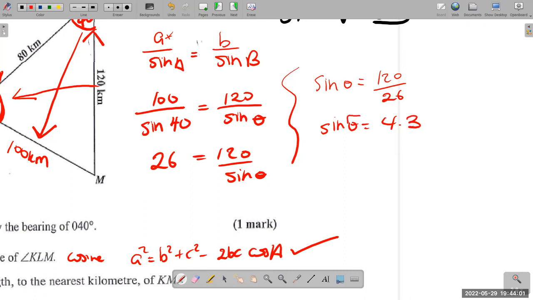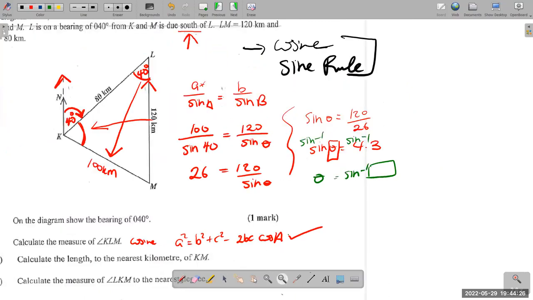How do we find theta? Because it's the angle that they ask us for. What do we do when we want the angle? Sine inverse. Yep, so you sine inverse both sides. So theta is equal to sine inverse of the answer that you get. And guess what? We've been doing this all before.